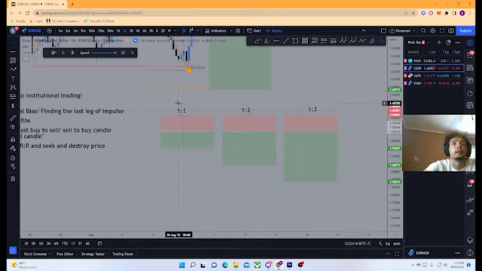If I lose 7 trades, I'm losing 7%. If I win 3 trades, I'm gaining 3%. So in reality, I've lost 7% of my account after taking 10 trades because I lost 7 out of 10 trades.